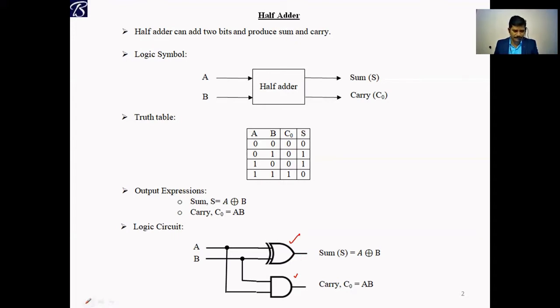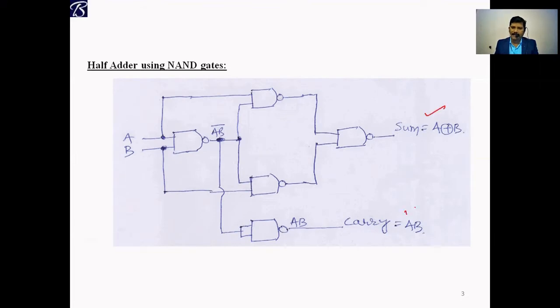Let us see the diagram. We need sum and carry. For the sum, an XOR gate requires 4 NAND gates. This diagram we already saw in the previous video lecture. And for the carry we require AB. To implement AB, 2 NAND gates are required, but if you take the output from here, AB bar is already available from the first NAND gate.